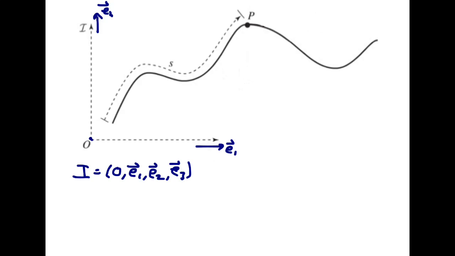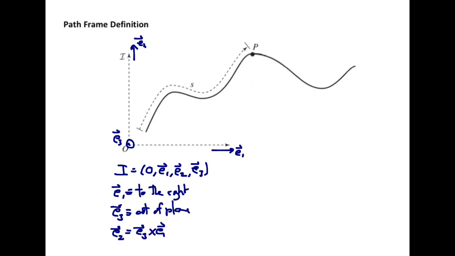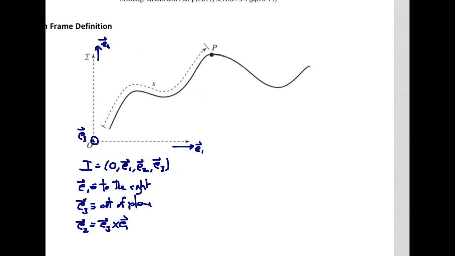In this case, E3 is pointing out of the plane. We go through our standard definitions however we like to. So we'll say E1 pointing to the right, E3 out of the plane, and then E2 is E3 crossed with E1. So there's our inertial reference frame, like what we've done before.